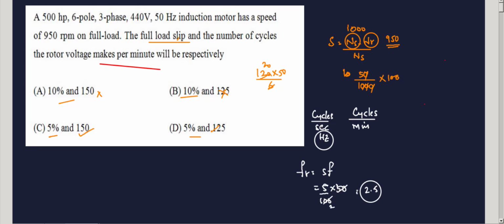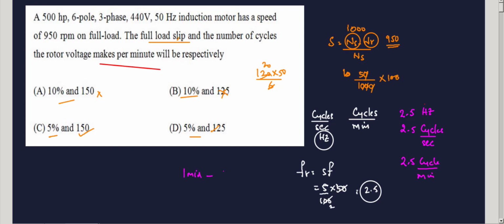So this is 2.5 Hz, or 2.5 cycles per second. He asked for cycles per minute.